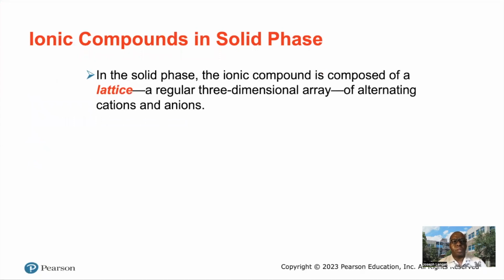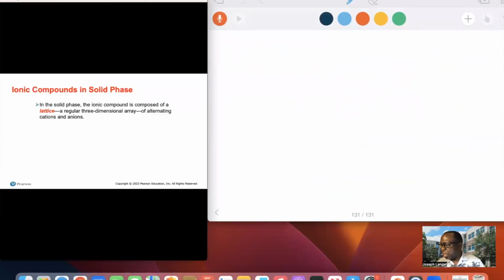An ionic compound, that means a compound formed by a metal and a non-metal, is composed of a lattice. That means it has a regular arrangement of alternating cations and anions. In other words, what is meant by alternating is, it could be positive here, negative there. I'm just alternating the colors to illustrate the lattice.